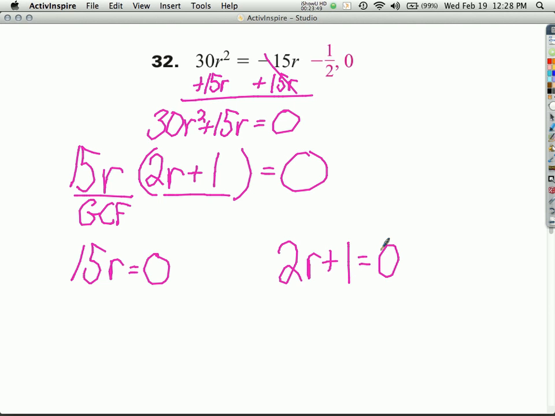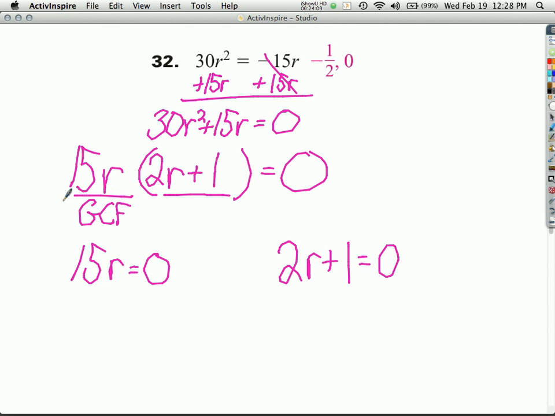Has anyone noticed anything about all of these questions? They all have one major thing in common at the end. Got some frantic people raising their hands. Kamoy? For the 15r, it's always 0. Yeah, there's always one solution of 0.